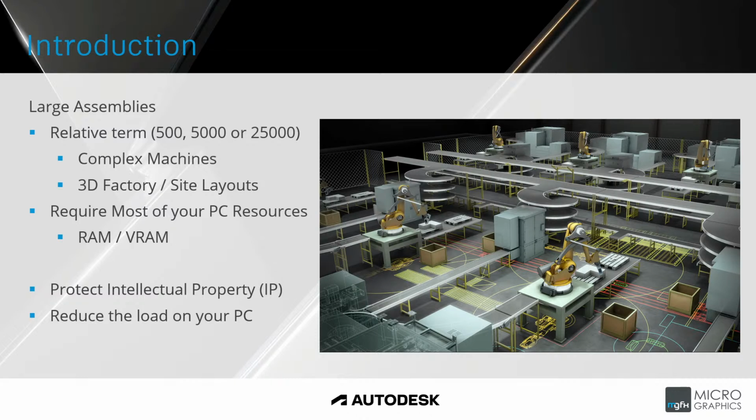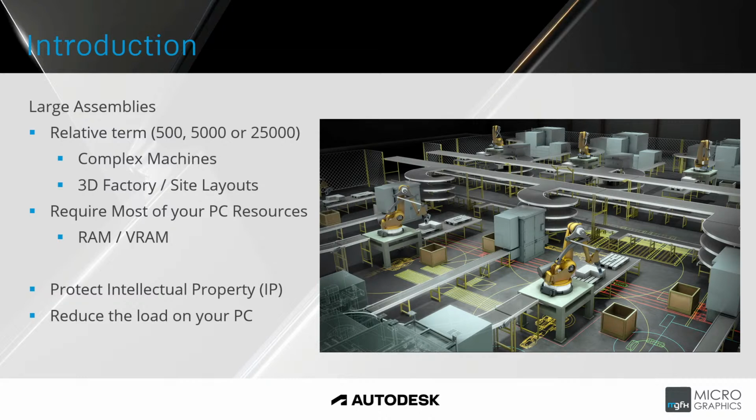And so for today, what we're going to consider as a large assembly is something that's going to require most of your computer resources, most of your PC's resources. And there's two areas which get impacted by large assemblies. The first is your RAM. Whenever you load up your assemblies, those components within those assemblies and the assemblies themselves are loaded into RAM.